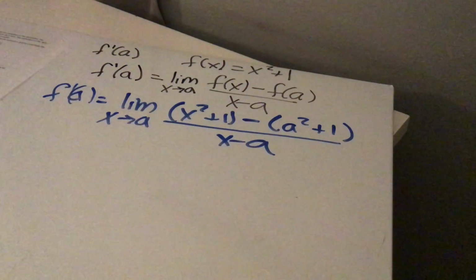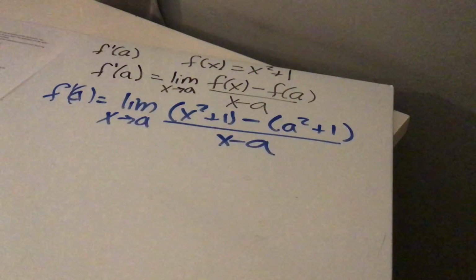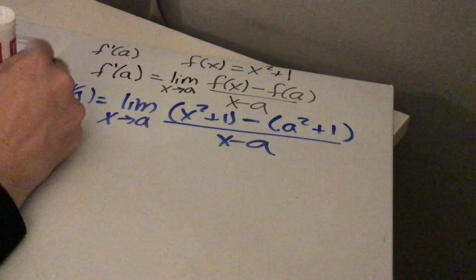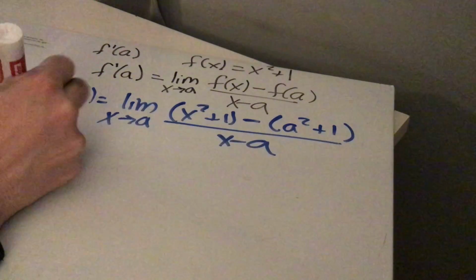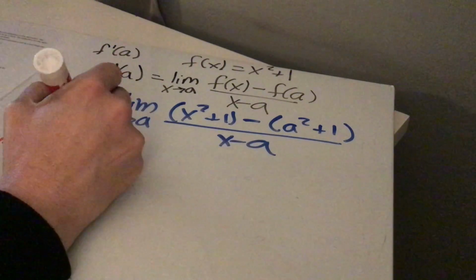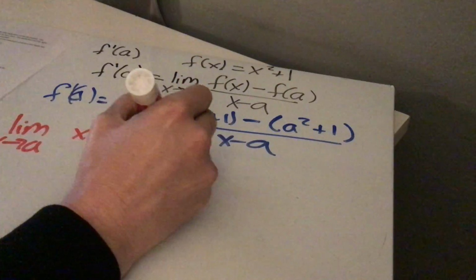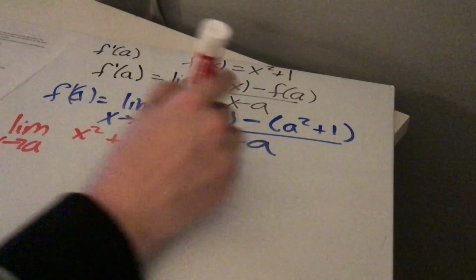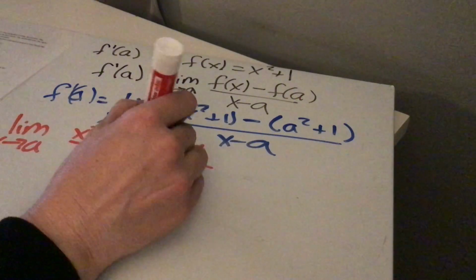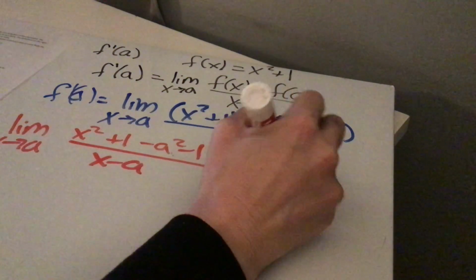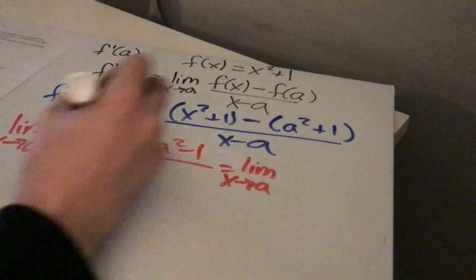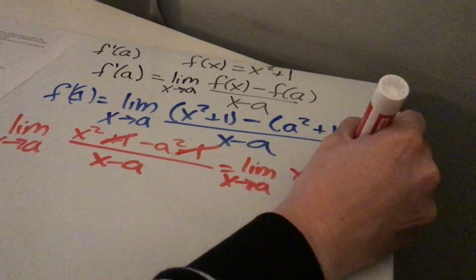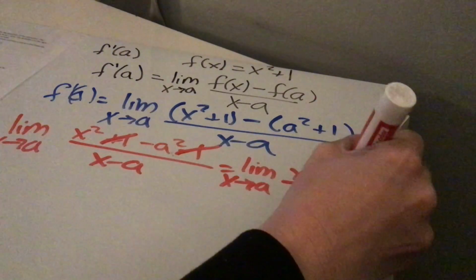Then you simplify. So we get the limit as x approaches a of x squared plus 1 minus a squared minus 1, because we have to distribute that negative, over x minus a. That's the limit as x approaches a of the minus 1 plus 1 cancels. So we get x squared minus a squared over x minus a.